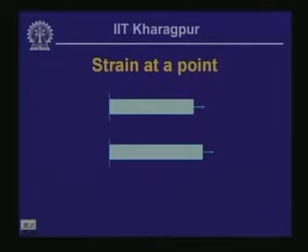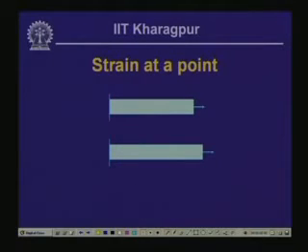Let us look into this particular figure where a bar which is fixed at one end is subjected to a pull, say P. Now, let us assume that we are interested to find out the strain at a point within this body.